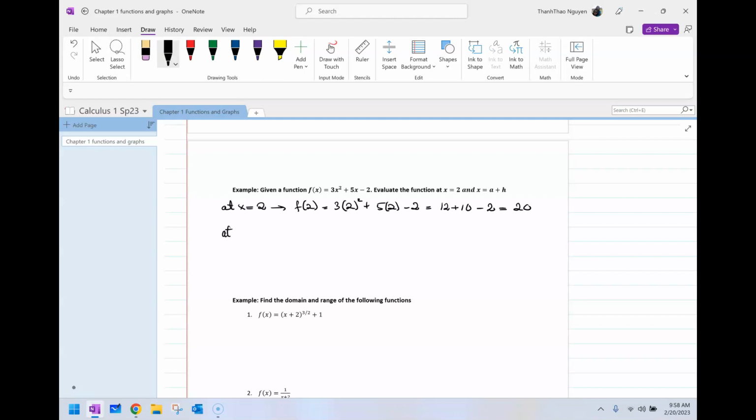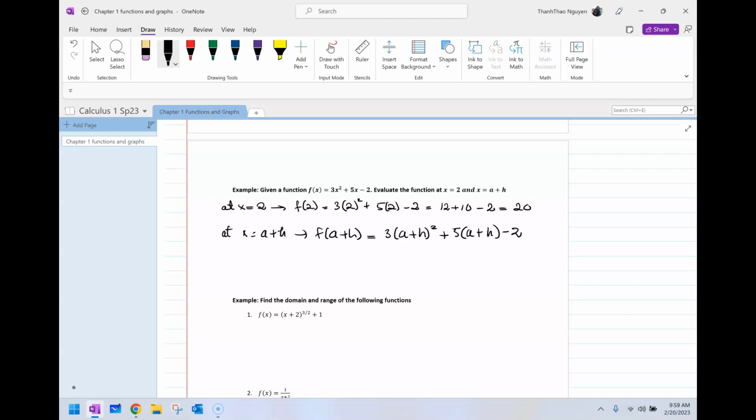And we want to see what happens at x equals a plus 8. f of a plus 8 equals 3 times (a plus 8) squared plus 5 times (a plus 8) minus 2.